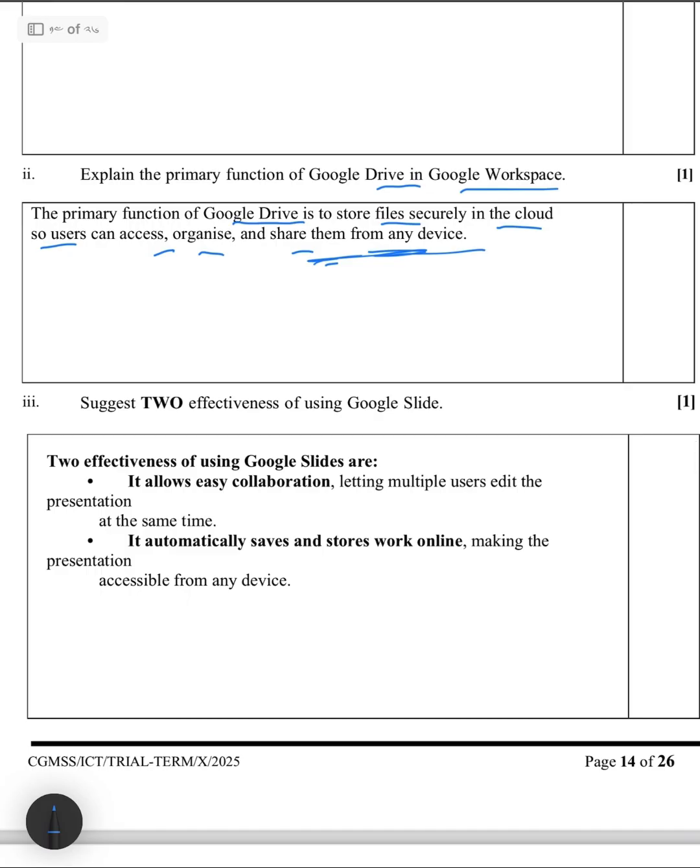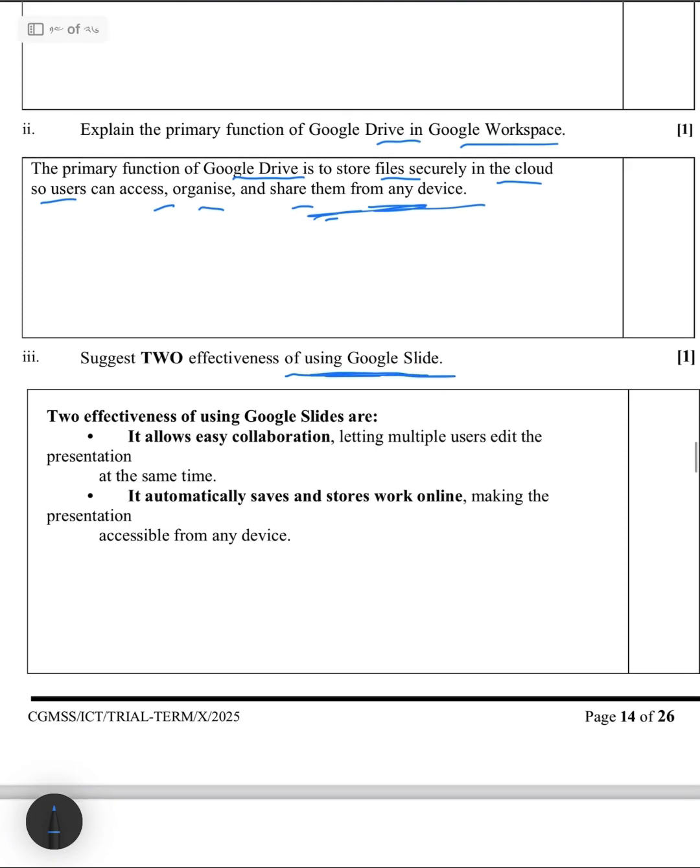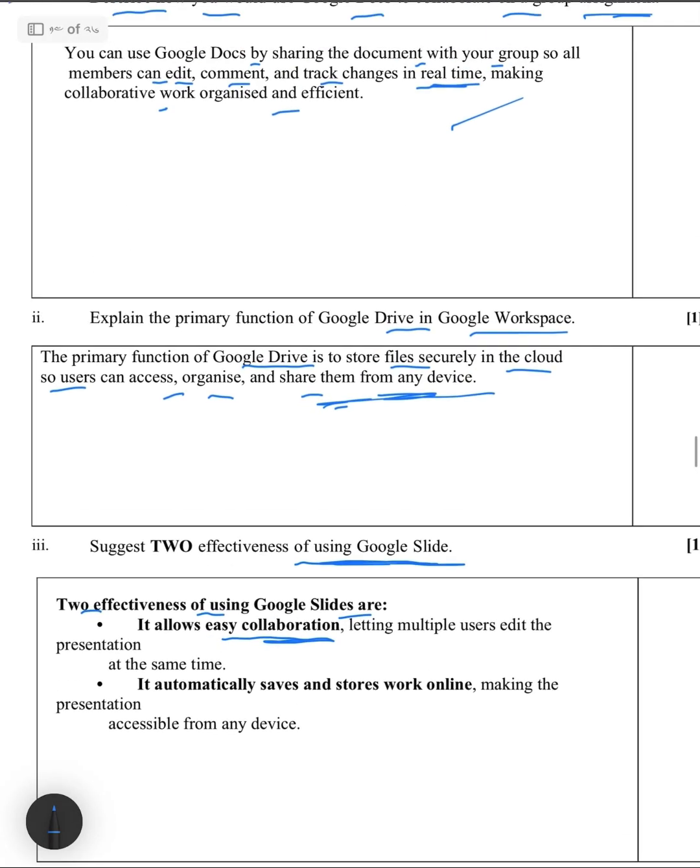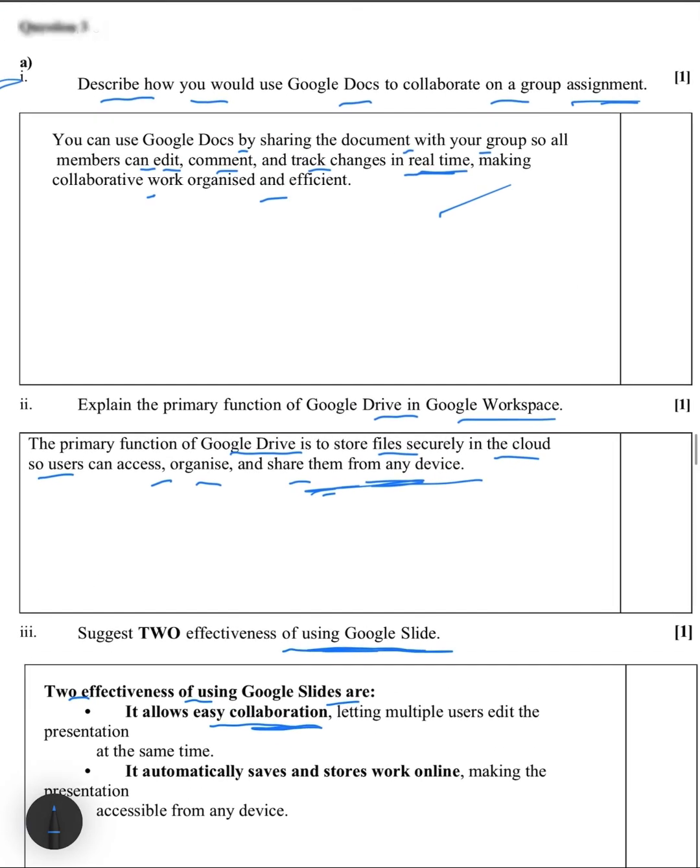The third question is, suggest 2 effectiveness of using Google Slide. So here you can compare with the normal PowerPoint slide also, but anyway, the 2 effectiveness of using Google Slide are: it allows easy collaboration, like with your Google Doc or Google Workspace.